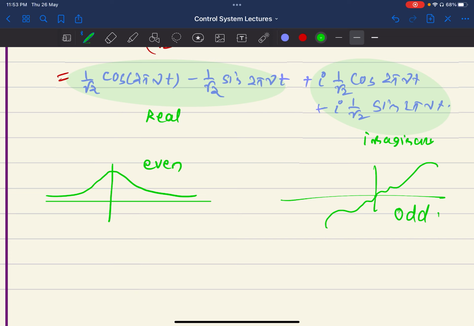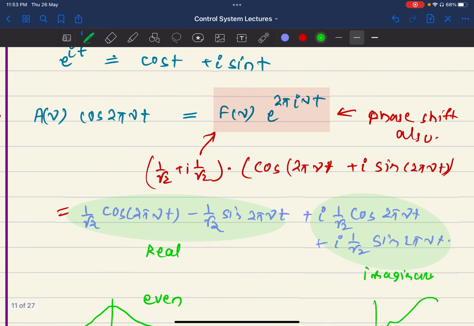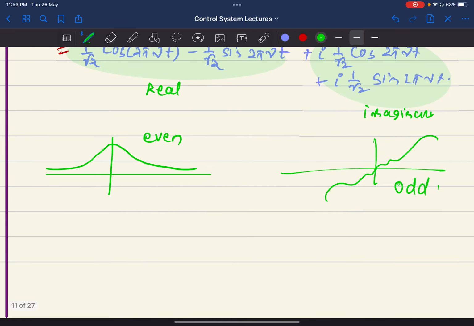So the negative frequencies get cancelled out in the odd sequence.